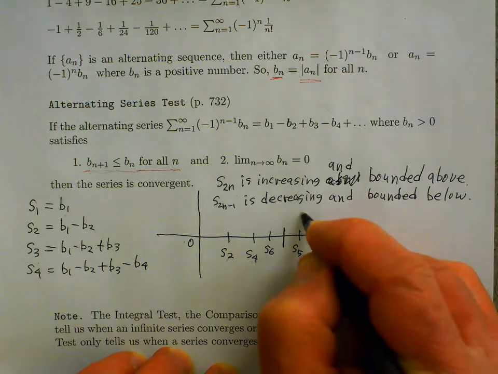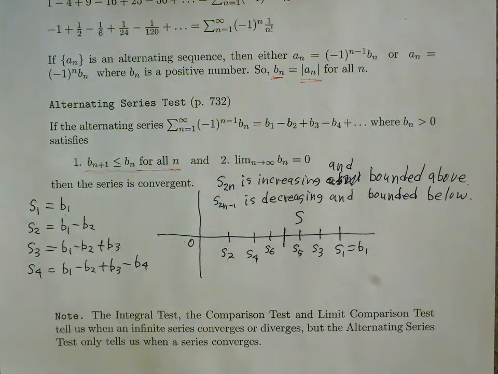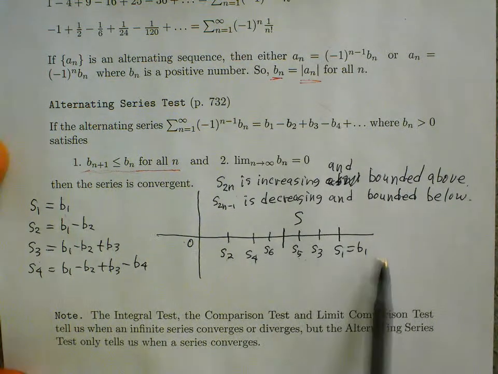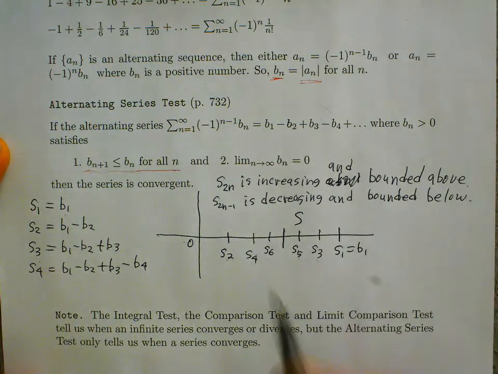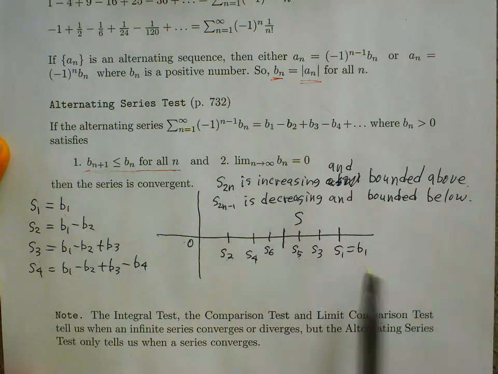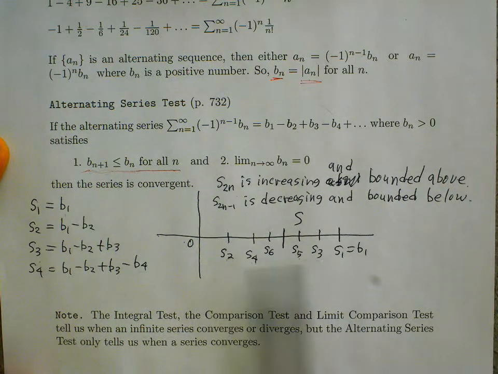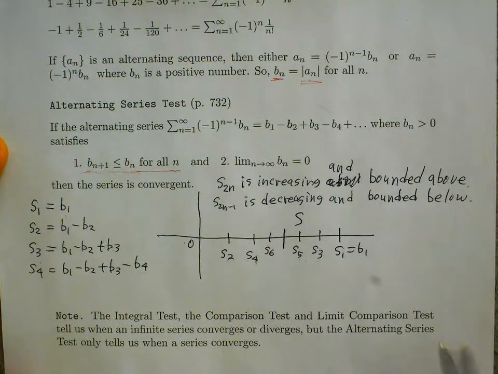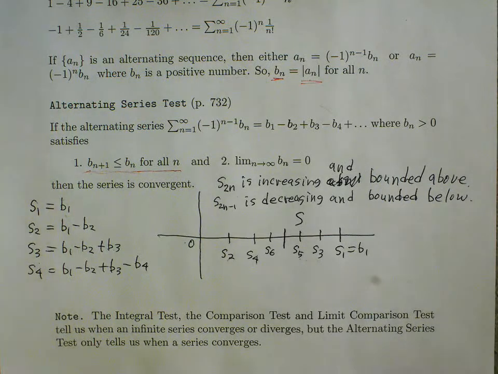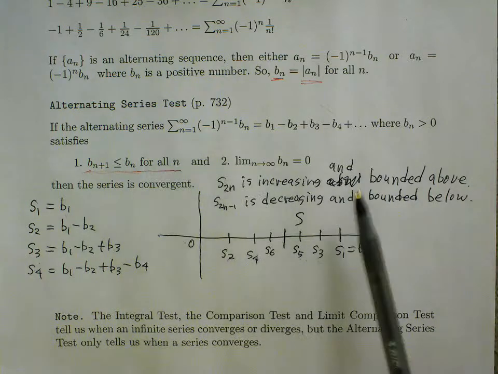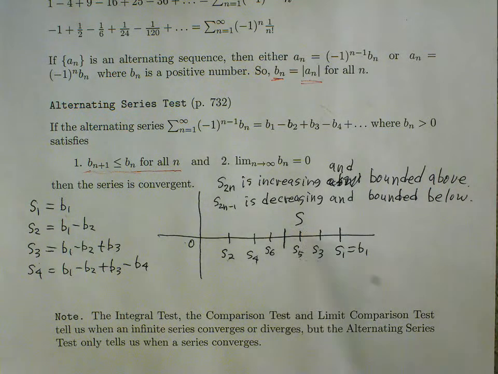Let's just call it S. And so the overall sequence of partial sums, S1, S2, S3, S4, S5, S6, and so on, is approaching the limit S. So the alternating series will converge under those conditions.